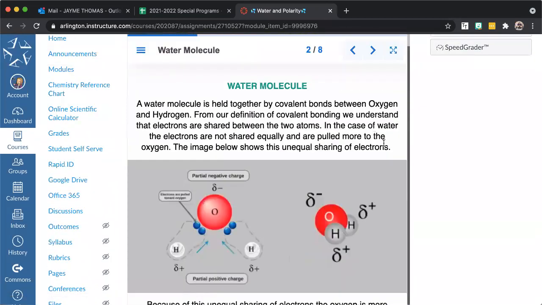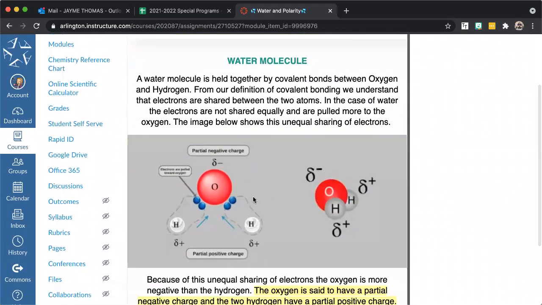Specifically looking at the water molecule, it's held together by covalent bonds. Here's a hydrogen atom, here's the other hydrogen atom, and here's the oxygen atom. The hydrogen and oxygen share a pair of electrons between them and form a bond that way. But they're not sharing them equally.